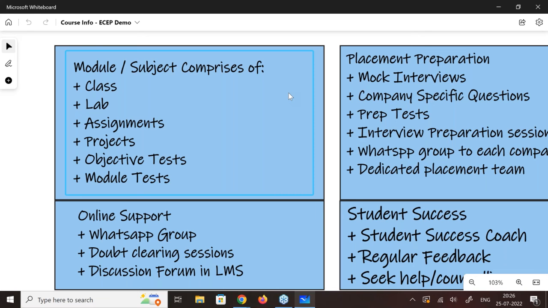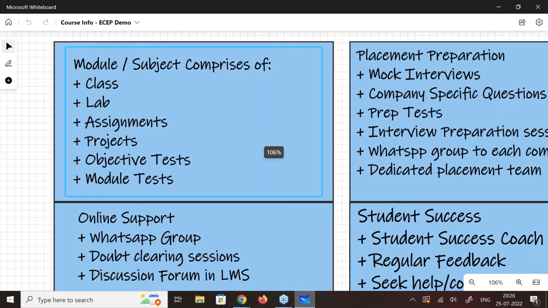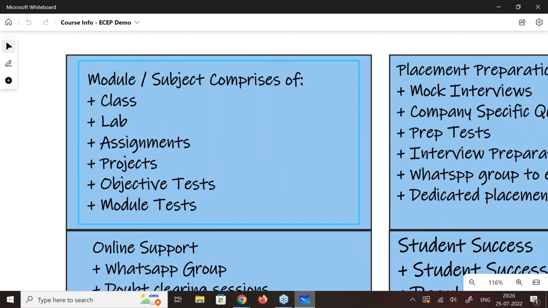If you see here, as part of the embedded systems course, there are 7 subjects in the online mode and 8 subjects in the offline mode. Each subject comprises these components. In this first box, you can see that each subject comprises class and lab.